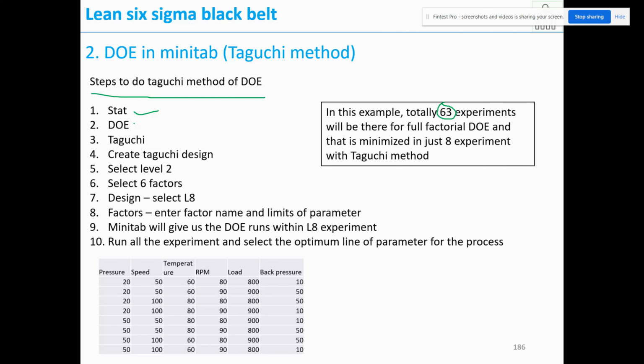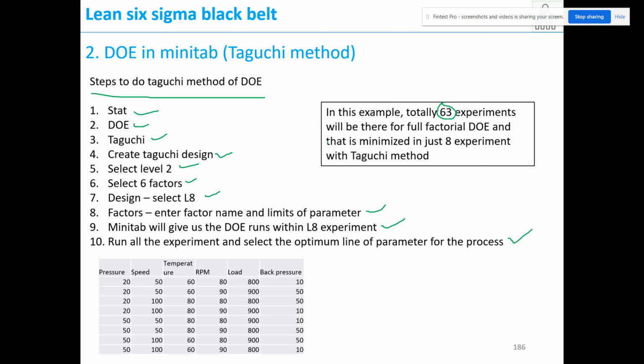Go to start, design of experiment, Taguchi, create Taguchi design, select level 2, select 6 factors, design select L8. Factors, enter the factor name and limits of parameter. Minitab will give us a DOE runs with the L8 experiment, that is 8 experiments. Run all the experiments and select the optimum line parameter for the process.